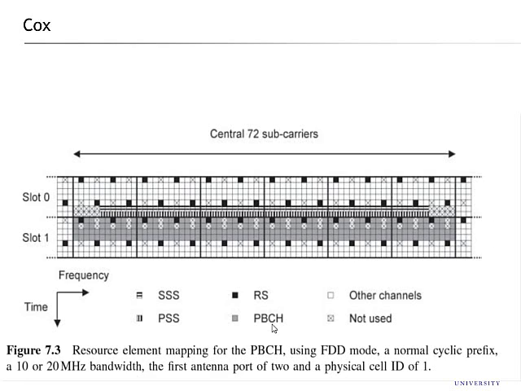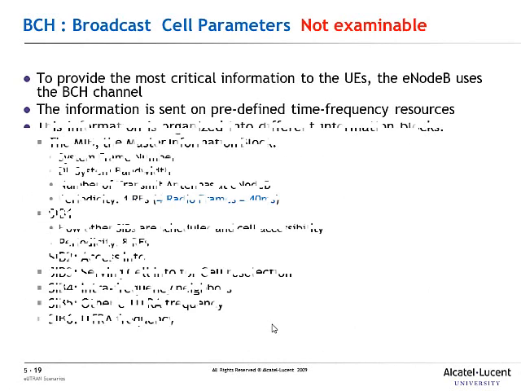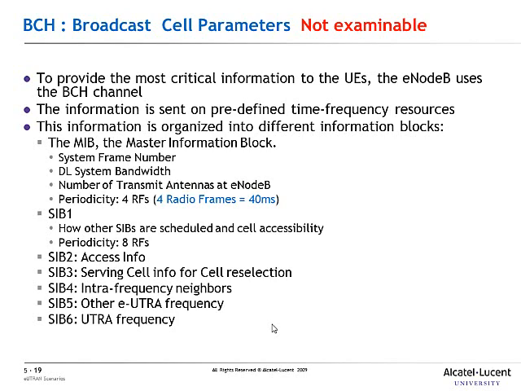Okay, and the broadcast channel is the one that contains cell related parameters. Now there are bits, like some bits I've written here, that are not examinable.